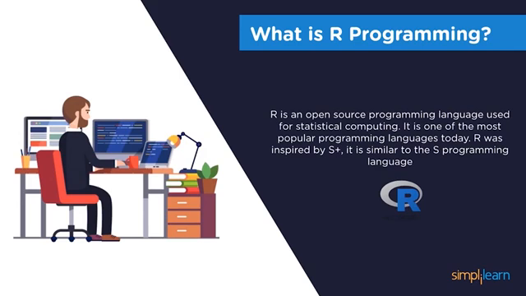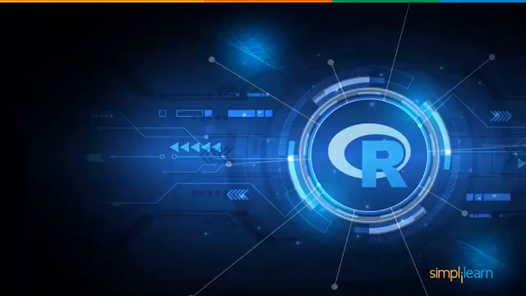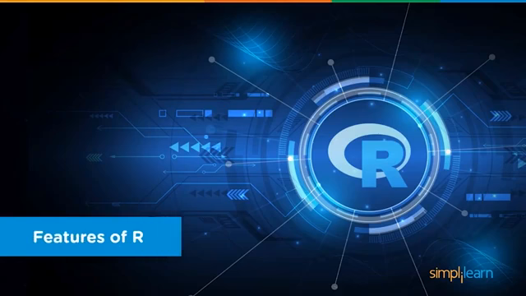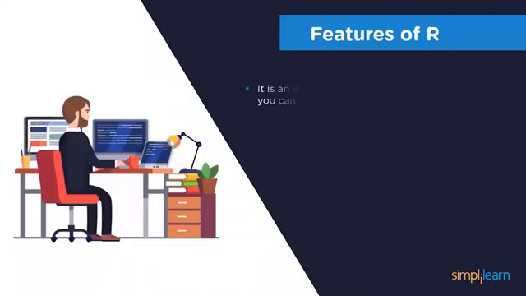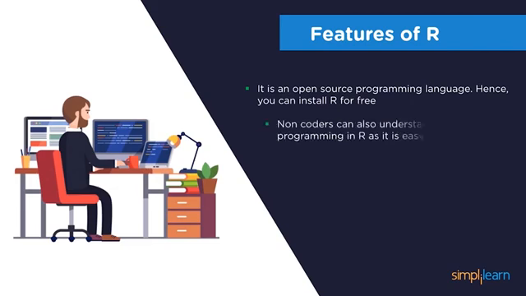Now, when we talk about features of R, as I said, it's an open source programming language. So you can install R for free and you can straight away start working. You wouldn't have to really go for a licensed version or pay for the software.